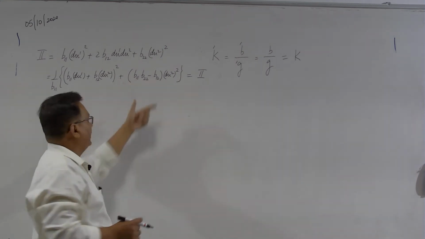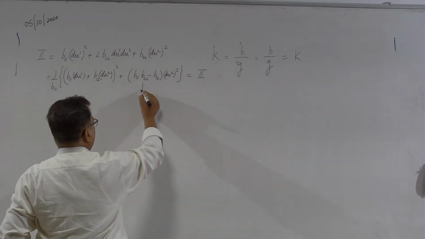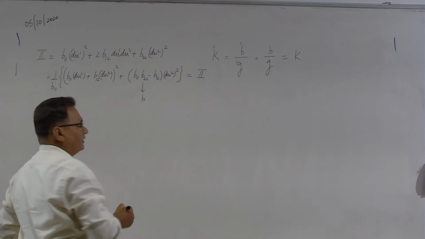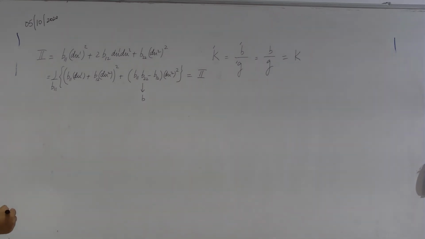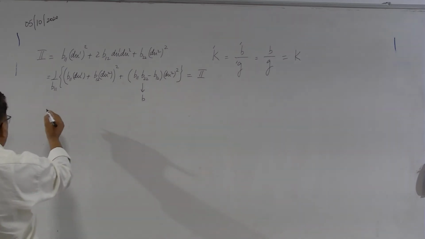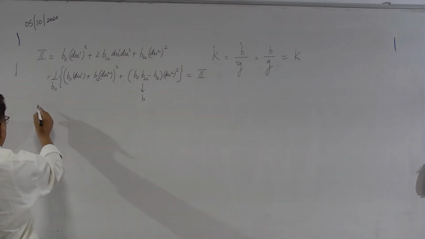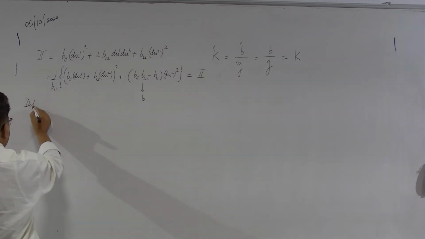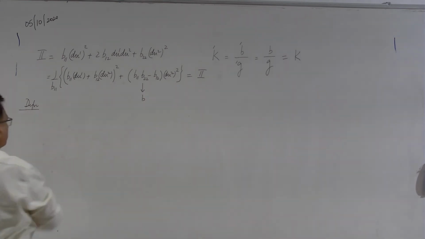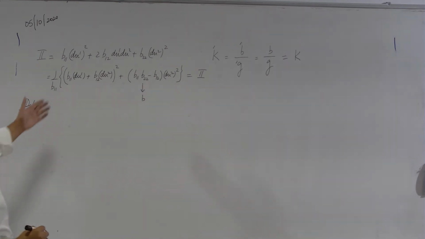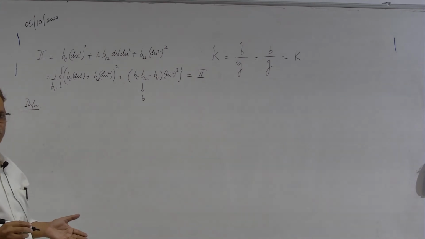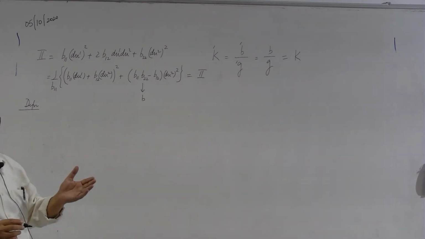And if you remember, this quantity B is in fact the determinant of B i j. So, for the second fundamental form, let me write down a definition here. And these quantities are defined only at a point, they may change from point to point.